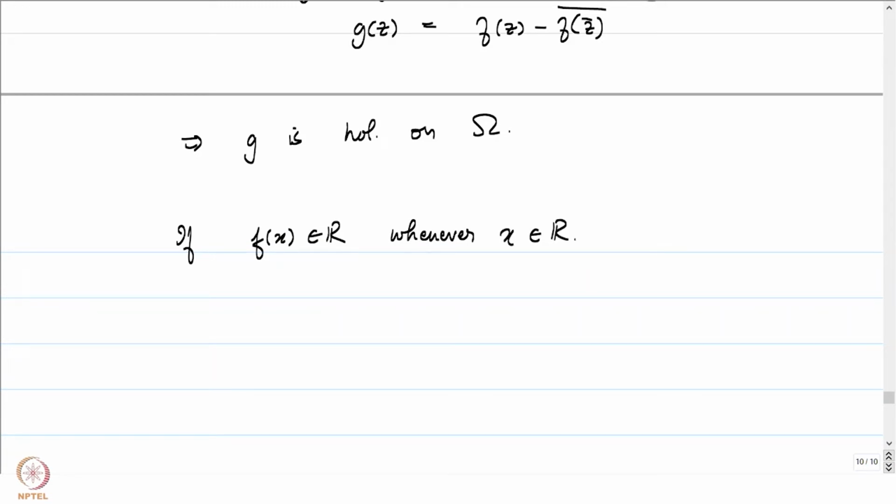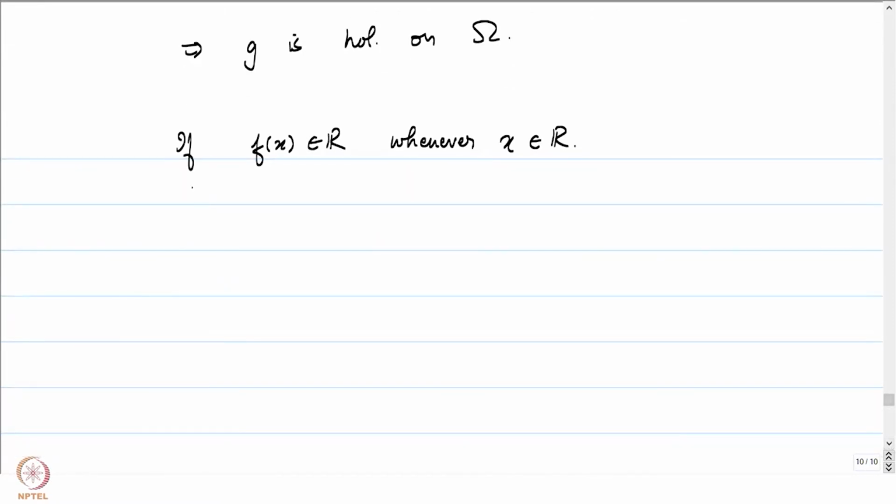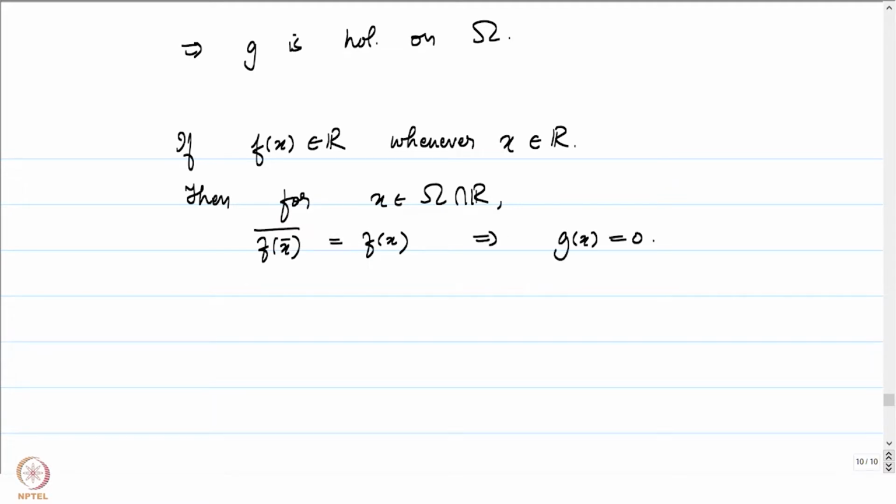Then let us see what happens to g on the points where omega intersects the real axis. For x in omega intersected with R, the conjugate of f of x bar is equal to f of x, and this tells us that g of x is equal to 0. But then if x is in omega intersected with R, omega being an open set, we will have an entire interval which is contained in omega.